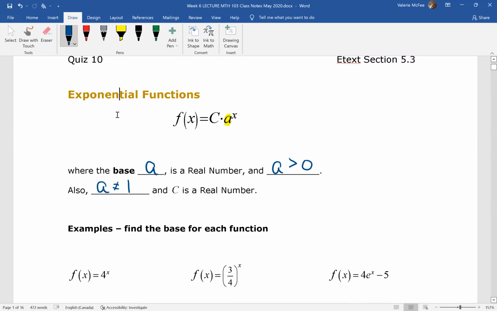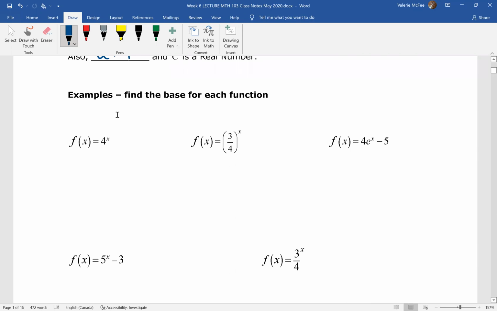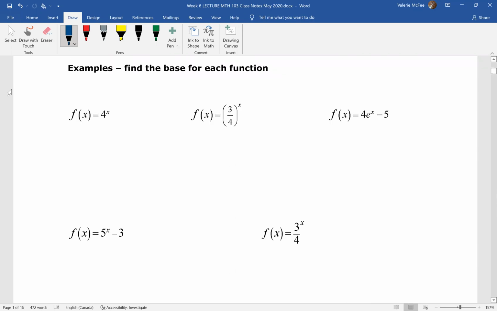Let's look at some examples and see if we can identify the base for each of these functions. It should be pretty clear in the first two. You can see the base here is 4. And in the second one, we see that x is applied to everything in the brackets.